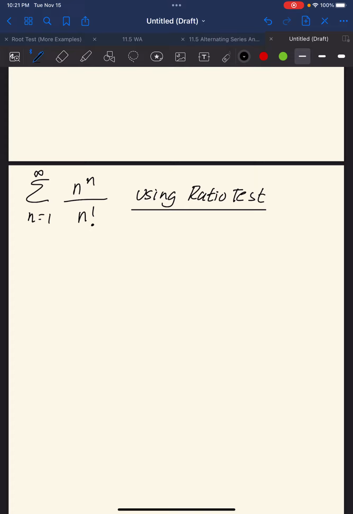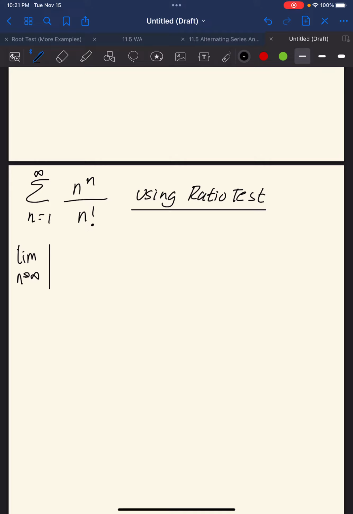So for this one, we're obviously gonna use the ratio test, so that would be the limit as n approaches infinity of a sub n plus 1 divided by a sub n, but this is a fraction, so it's not going to be divided by a sub n, it's going to be multiplied by the reciprocal of a sub n.